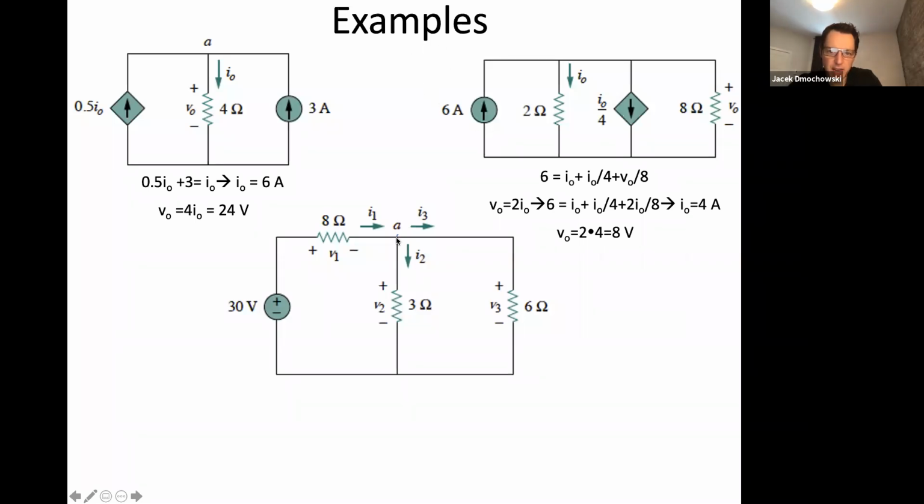We want to apply KCL at this node. And so the law is going to be I1 is equal to I2 plus I3. There we go. But now I need equations for I1, I2, and I3.